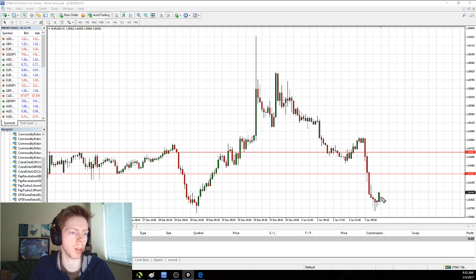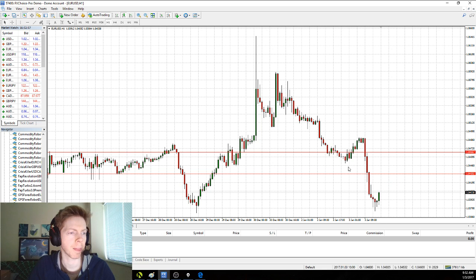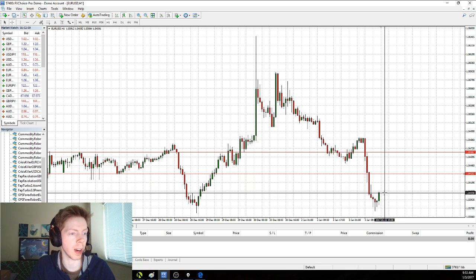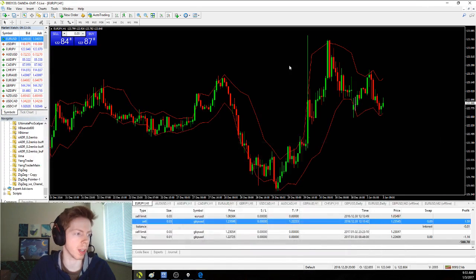I would probably hold this position for 20 or 30 pips max, because it is a counter trend position and there is a lot of selling pressure on the US dollar right now. So if I were to jump in right now, I'd probably only hold this for another 10 to 15 pips. So for me, I'm not going to jump in on it.